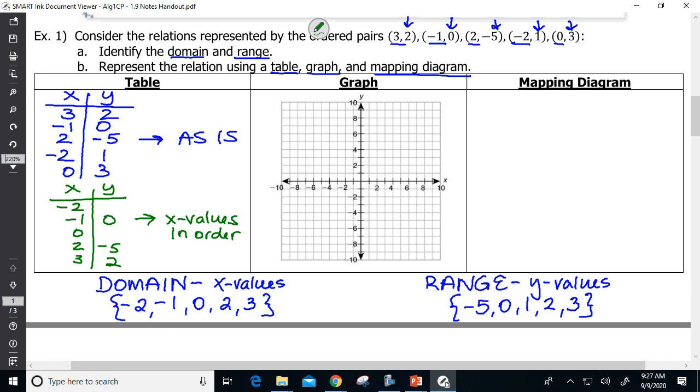Negative 2 comma 1 has to stay that way. 0 comma 3 has to stay that way. So if you put them in order, the x values go in order, the y values will follow. Any questions before we continue?